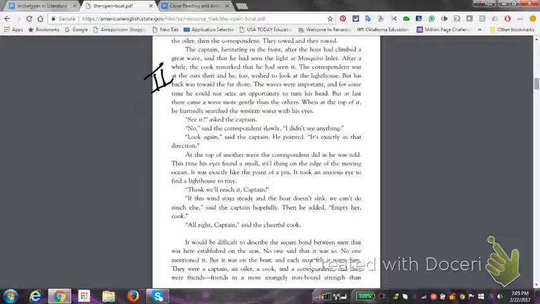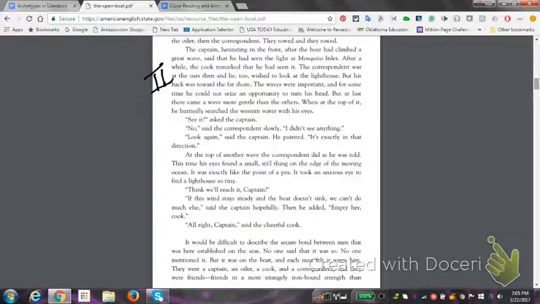When at the top of it, he hurriedly searched the western water with his eyes. "See it?" asked the captain. "No," said the correspondent slowly. "I didn't see anything." "Look again," said the captain. He pointed. "It's exactly in that direction." At the top of another wave, the correspondent did as he was told. This time his eyes found a small, still thing at the edge of the moving ocean. It was exactly like the point of a pin. It took an anxious eye to find a lighthouse so tiny.